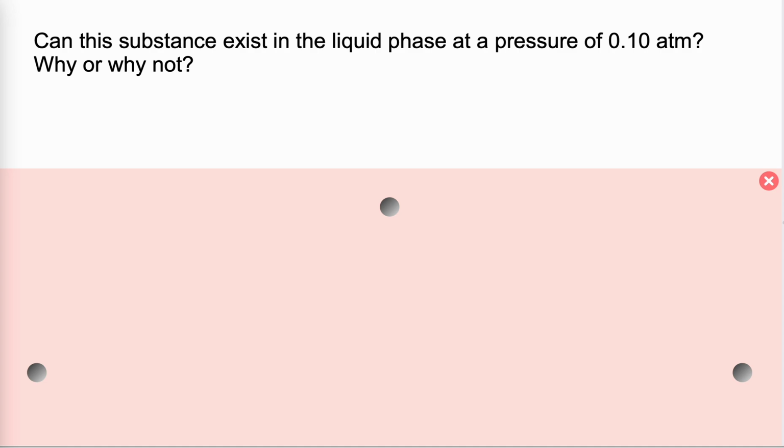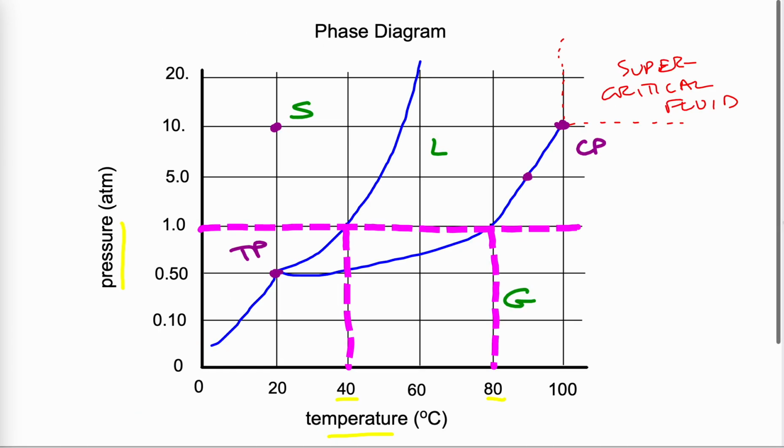Let's see. Can this substance exist in the liquid phase at a pressure of 0.1 atmospheres? Why or why not? Well, if I go back to the phase diagram and look at a pressure of 0.1 atmospheres, I will see that we are below the triple point pressure, so that means only the solid and gas can exist, the liquid cannot exist. And that is generally the case. If you have a substance and you're at a pressure that is below the triple point pressure, you can only have the solid and gas phases.